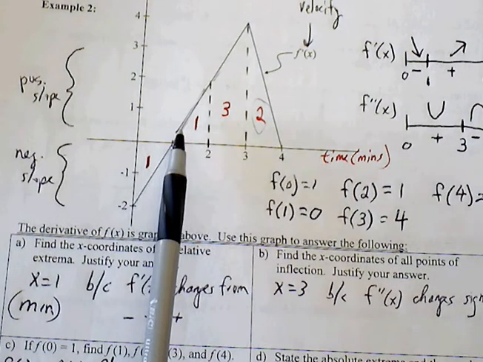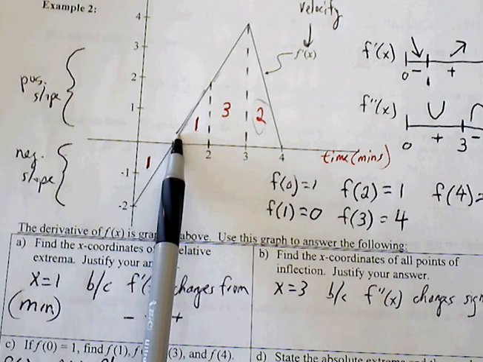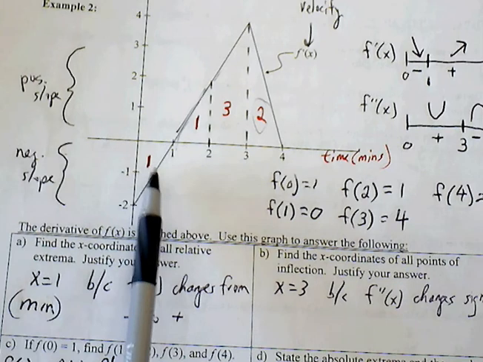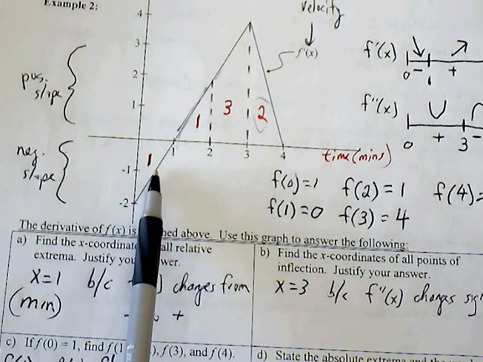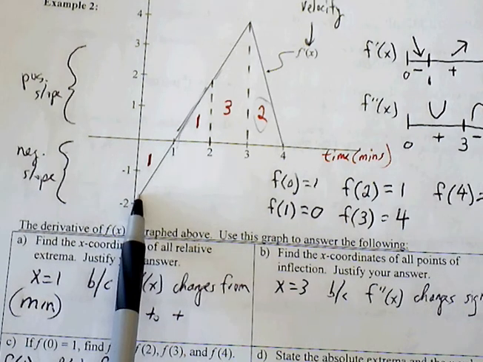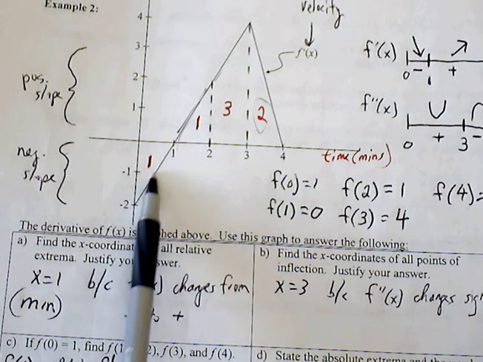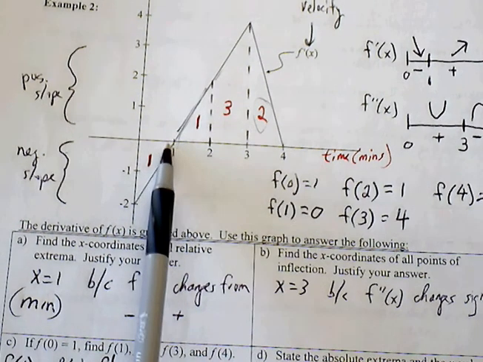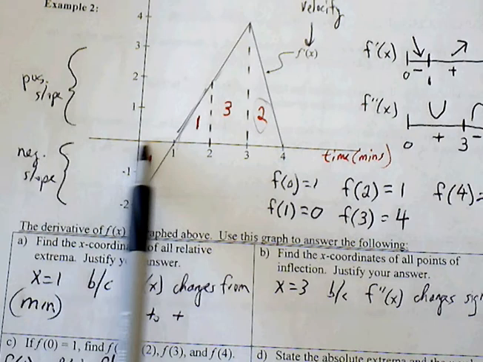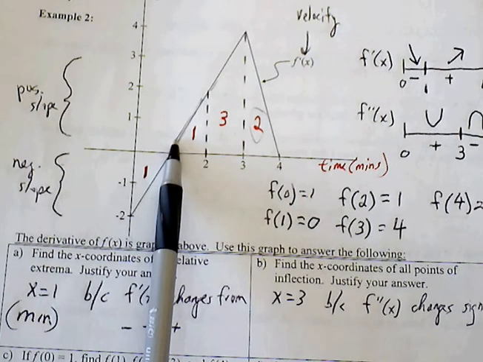Think of positive velocity as moving in the positive direction where the mile marker is increasing. Negative velocity means the object is moving in the opposite direction where the mile marker is decreasing. So in this region, the object is moving in the negative direction, and then it's going to stop. This is where velocity is 0. Turn around, and it's going to start moving in the positive direction.